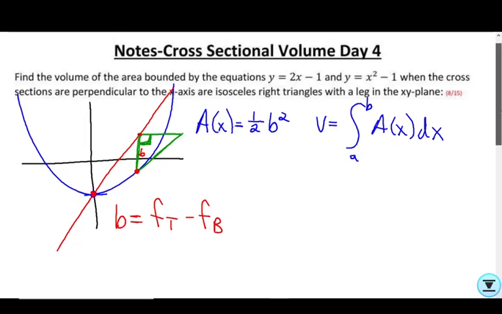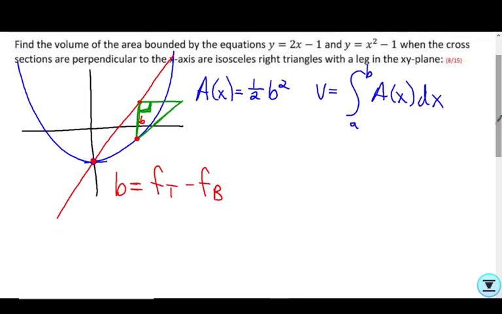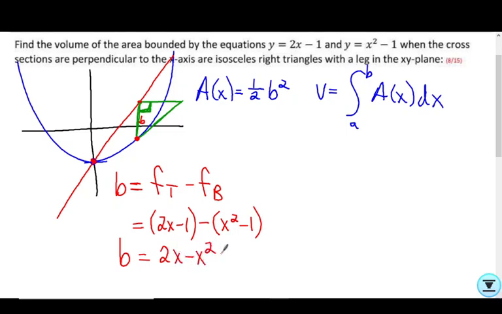Since I've already got this nice picture, I know my linear function is on top, so it's 2x minus 1 minus the quadratic. When you simplify that, you get 2x minus x squared. That is the base of my triangle.